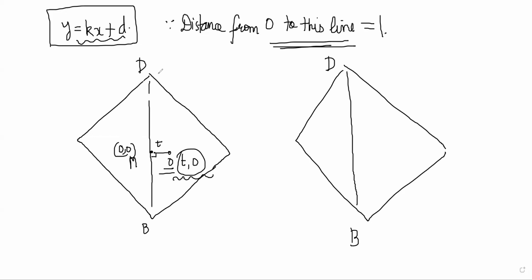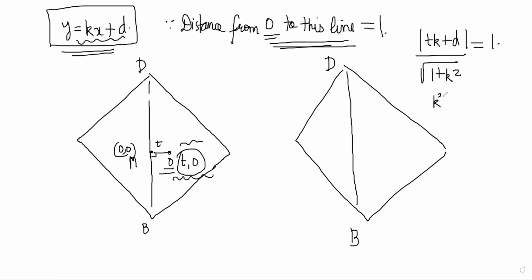So the distance from O to this line, using t comma 0 as our O, will become mod of tk plus d over root of 1 plus k square, and that is equal to 1, right?